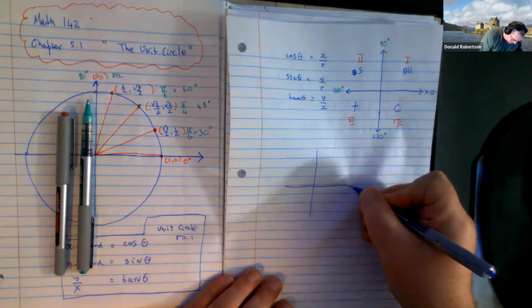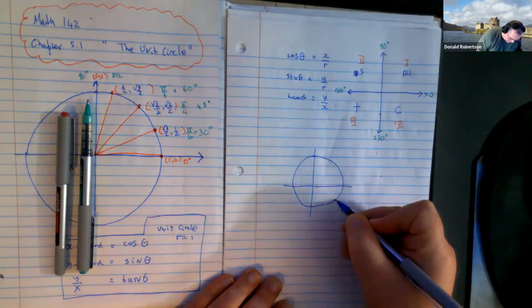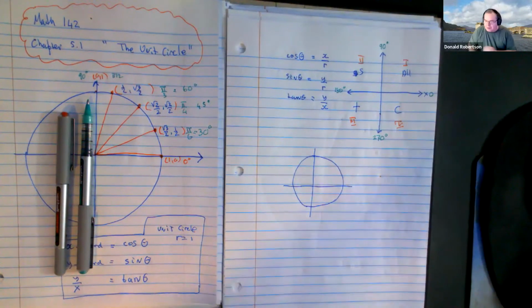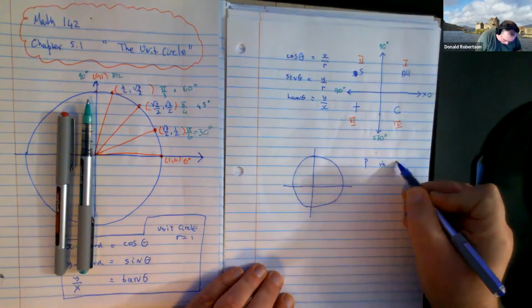Imagine that you're given a circle, not a unit circle, but a circle that might or might not be a unit circle. It might have radius of 1, could have a radius of 21. And in this circle, you're given the coordinates or the partial coordinates of a point, and you will then use that to find the other coordinate. So let's suppose I tell you that I have a point P and it's in the 4th quadrant.